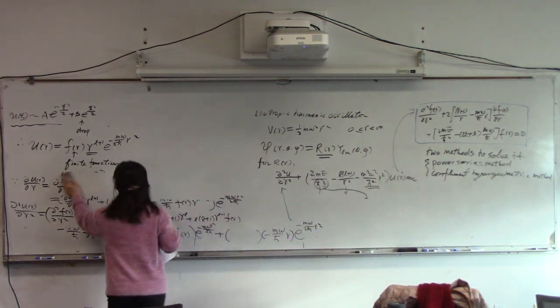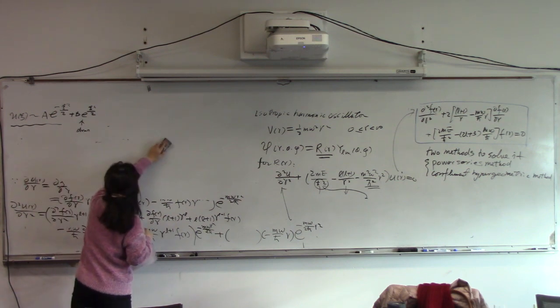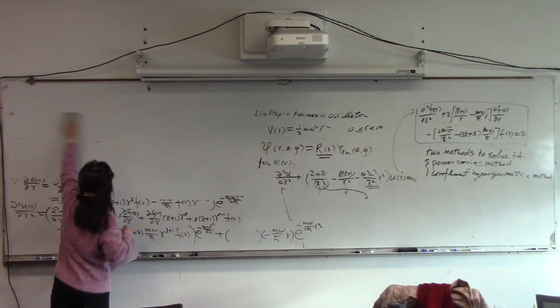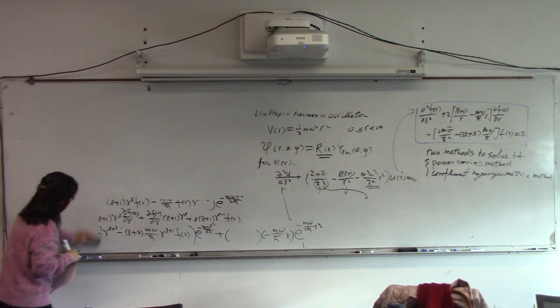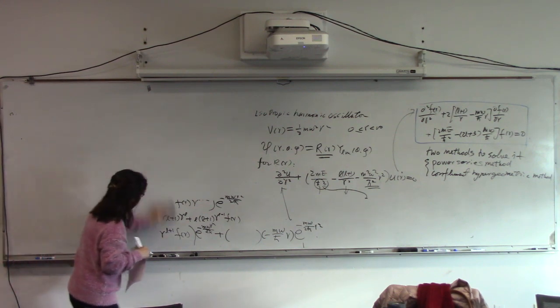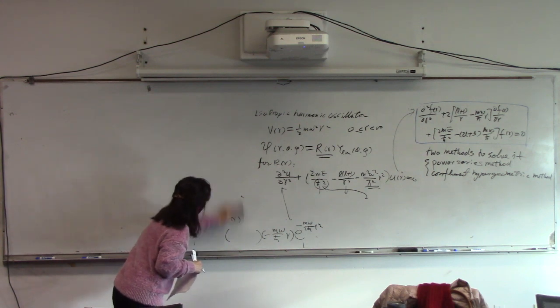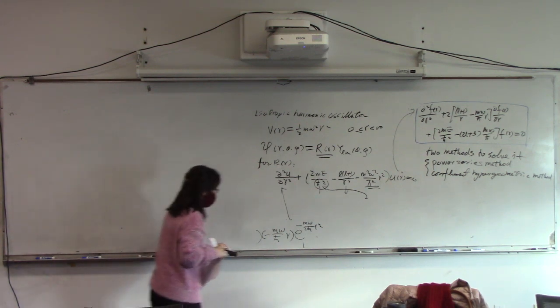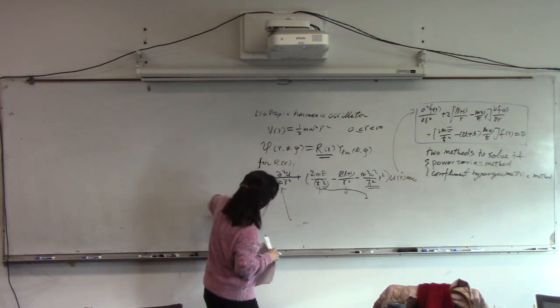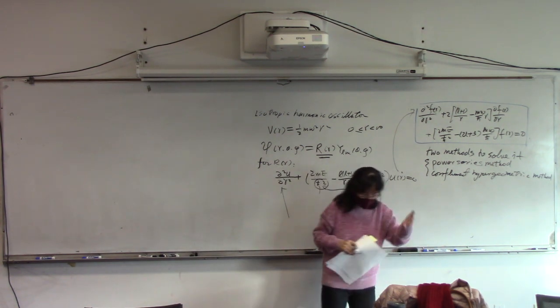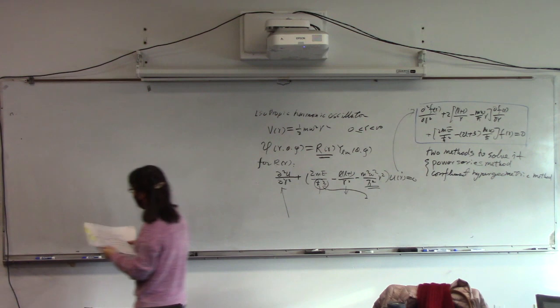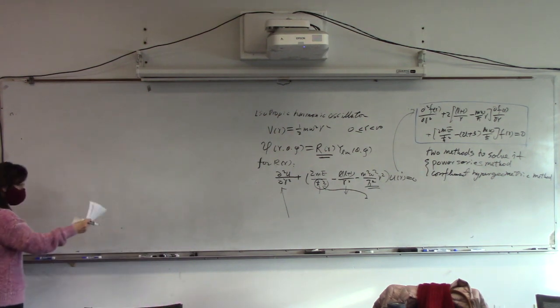So now let me remind you how we use these two methods to deal with this special differential equation. Since you already learned the confluent hypergeometric method, depending on conditions it reduces to different cases, right? This is one of the cases.